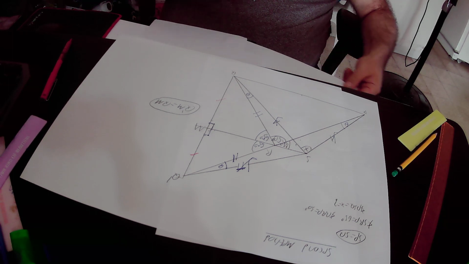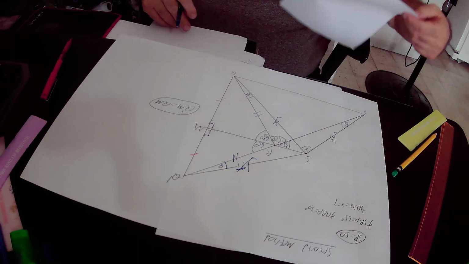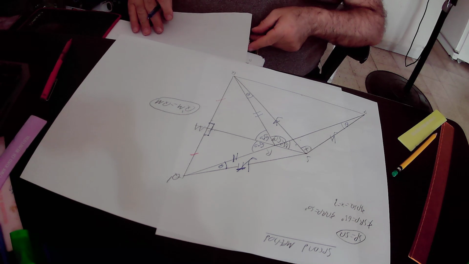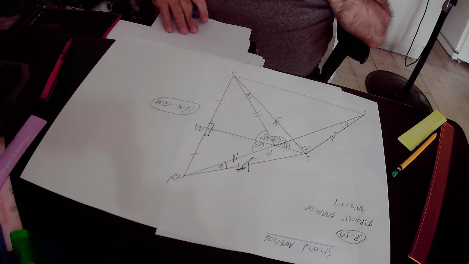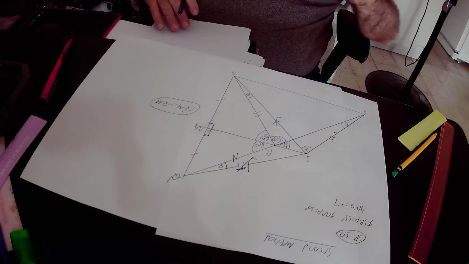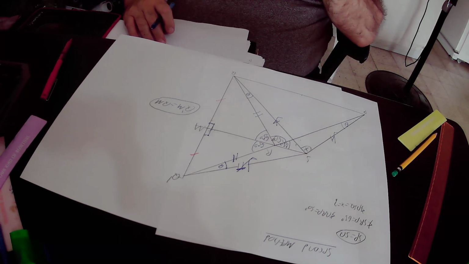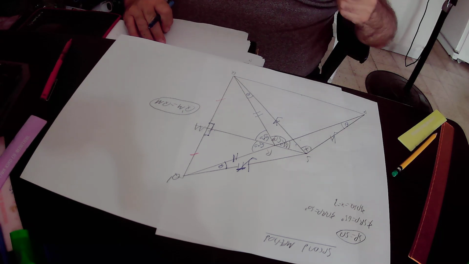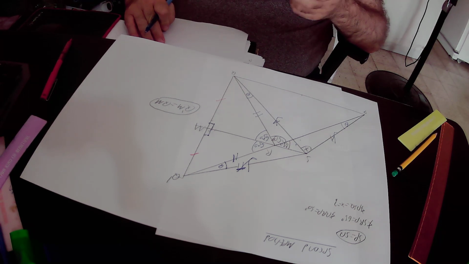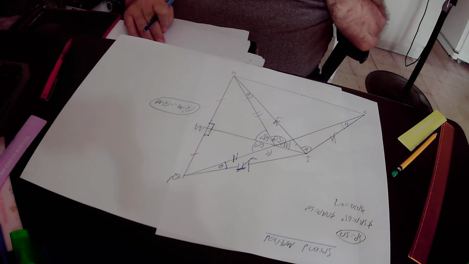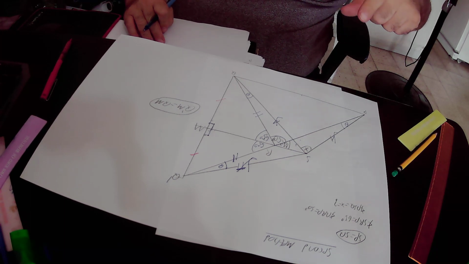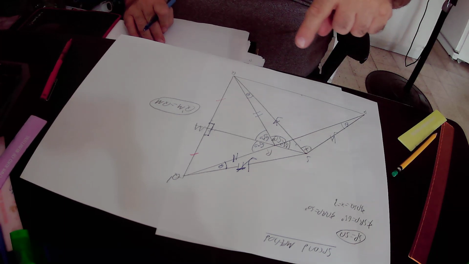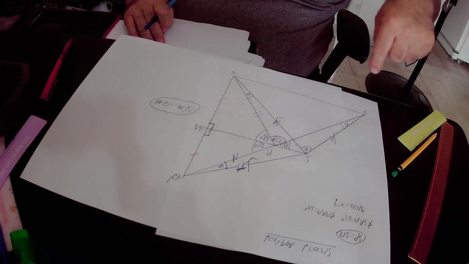In method 1, we presented rule number 1, which states that if a line segment subtends two equal angles from the same side, then the quadrilateral is inscribed by a circle and the 4 points lie on that circle.